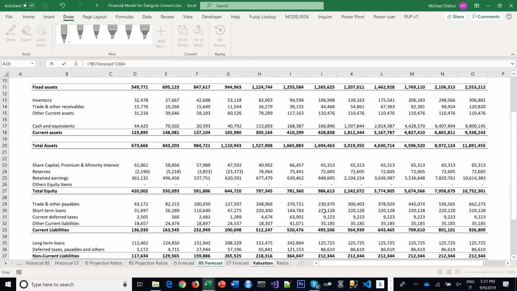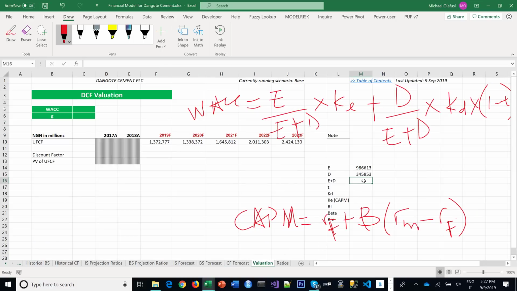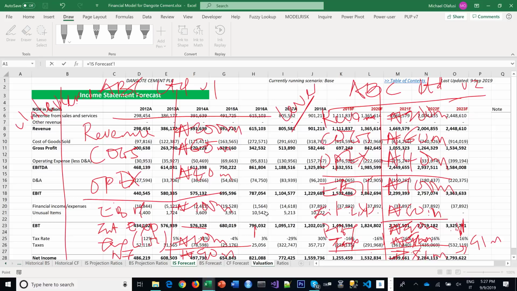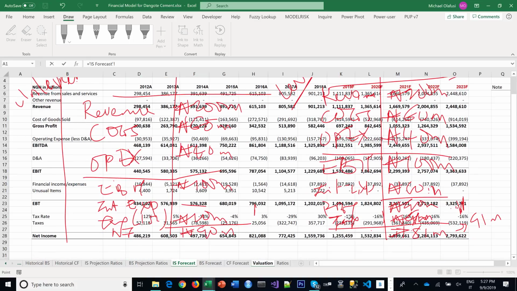Then the addition of the two is this. The tax rate, I can even use the tax rate we were using here, the effective tax rate.